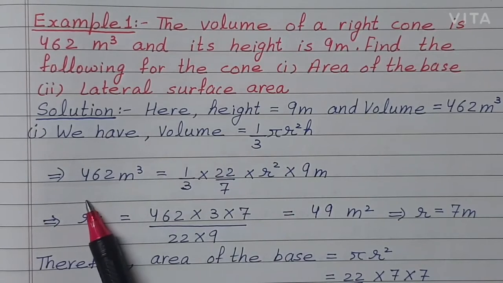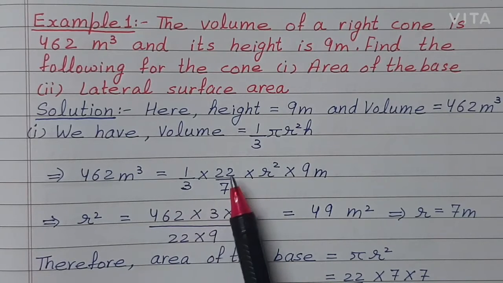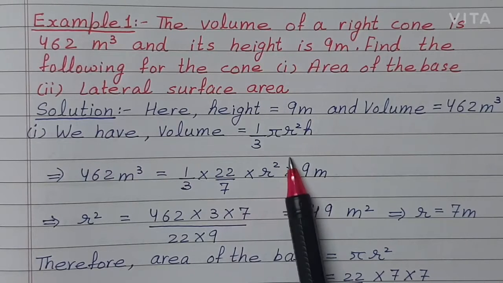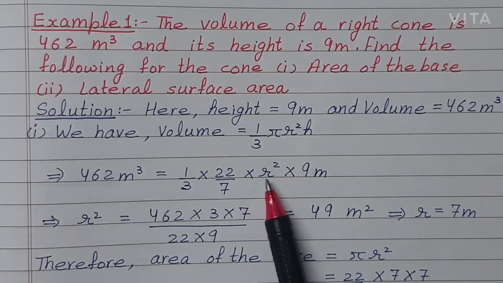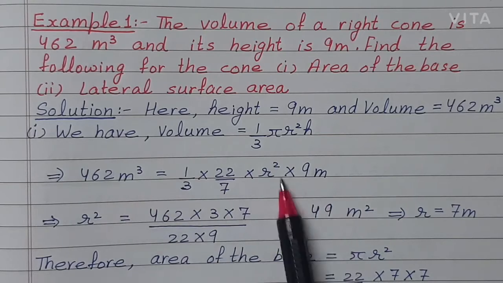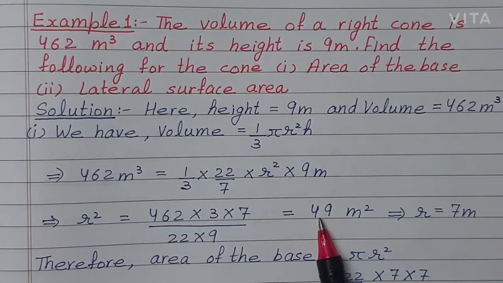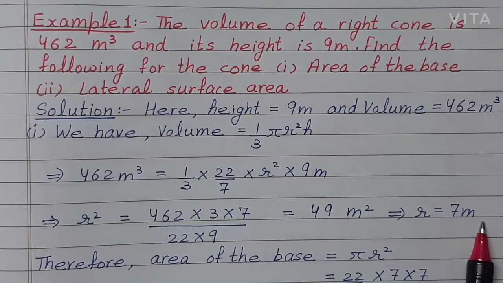Volume is 462, which is equal to 1/3 into 22/7, which is the value of pi. Here radius is missing, so we'll keep radius as it is, that is r square, and height is 9 meter. After solving this, we will get r square as 49. So this implies r is 7 meter.